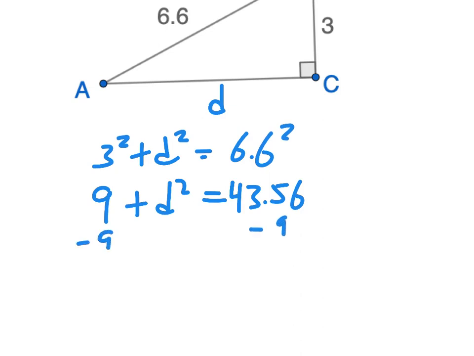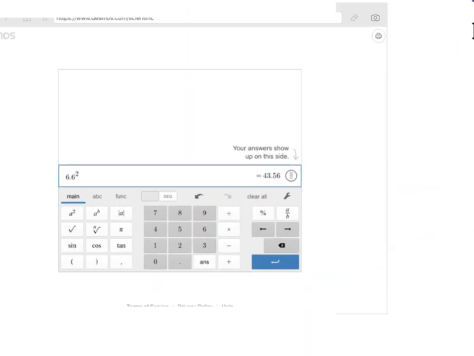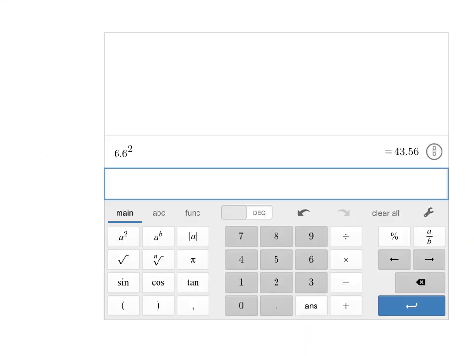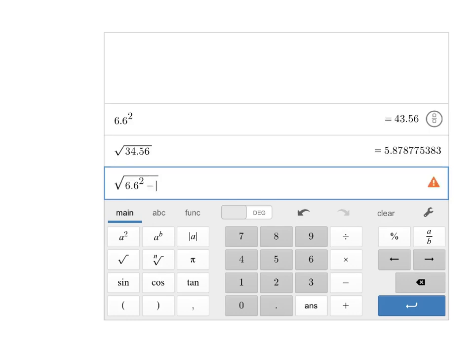You don't even necessarily have to find all the in-betweens. 43.56 minus 9 is going to be 34.56, and we're going to square root 34.56. Let's try that, and we get 5.87. Now, we could have just left it with the squares and let the calculator do the work, by the way.